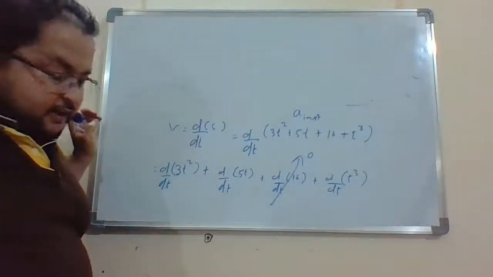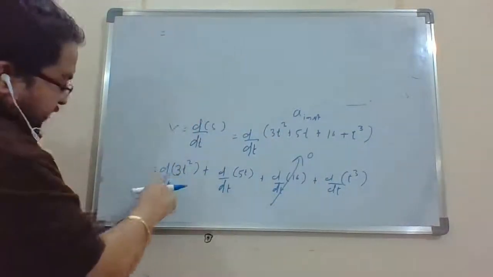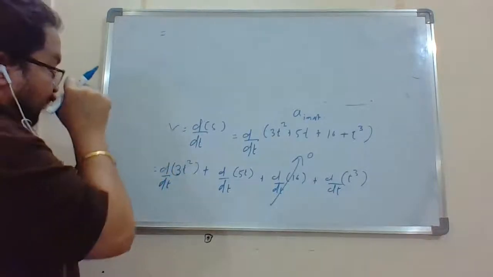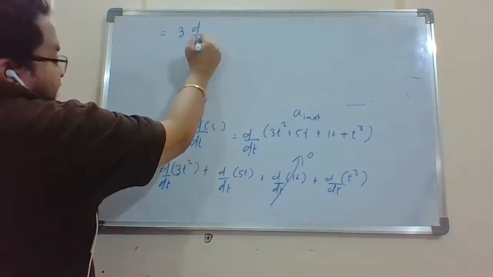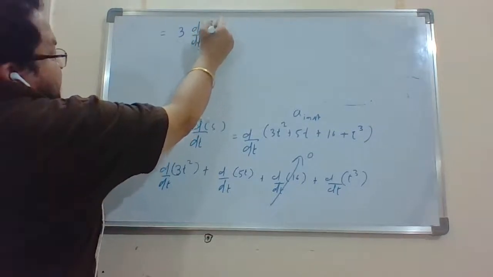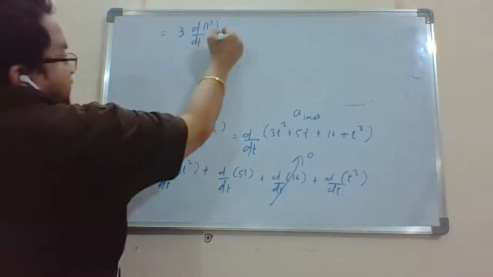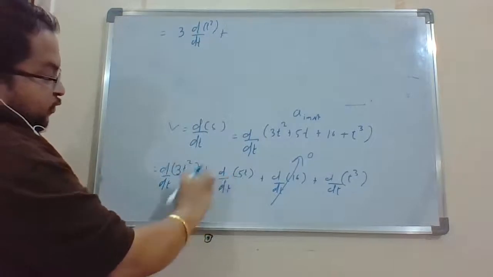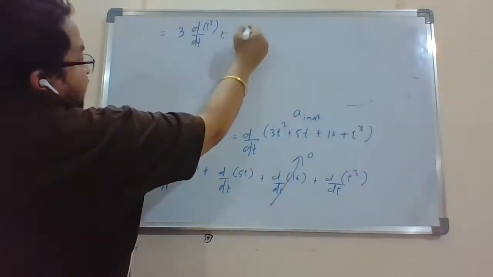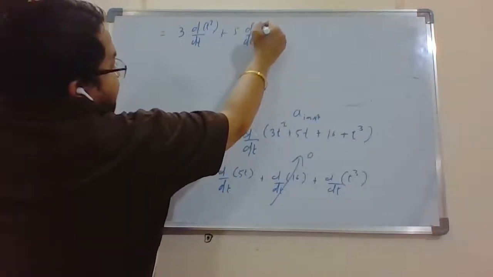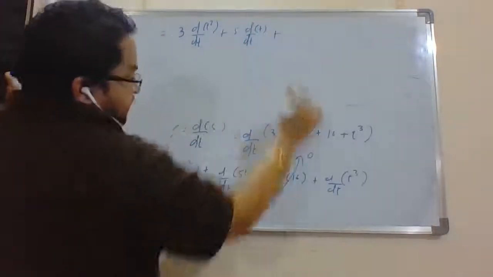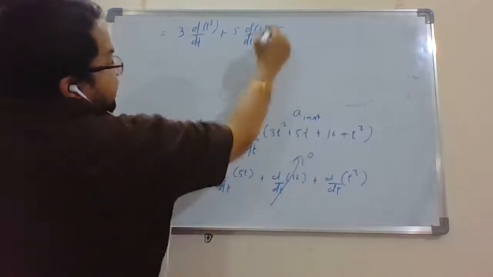So obviously, 3 being a constant will go out of the derivative sign. So it will be 3 d by dt of t squared plus, again 5 is a constant, it will go out of the derivative, 5 d by dt of t plus, this is already gone as 0, so I'm not writing it.